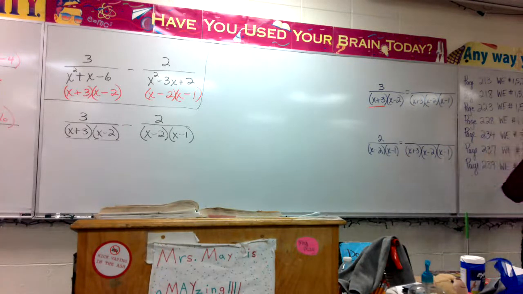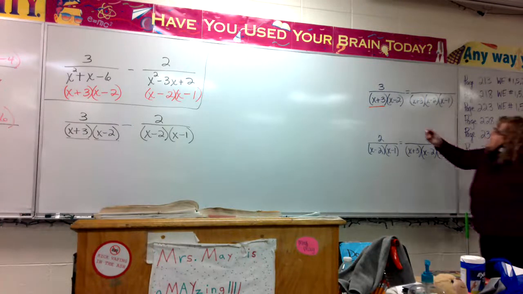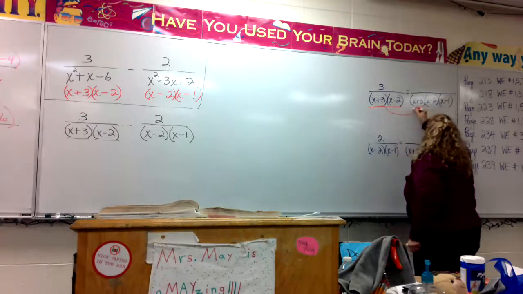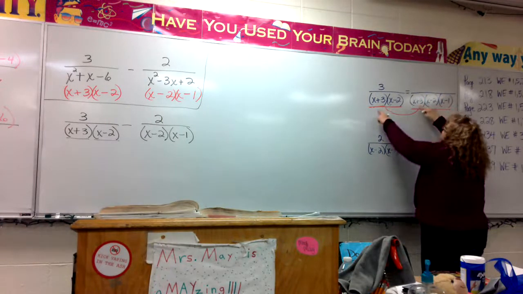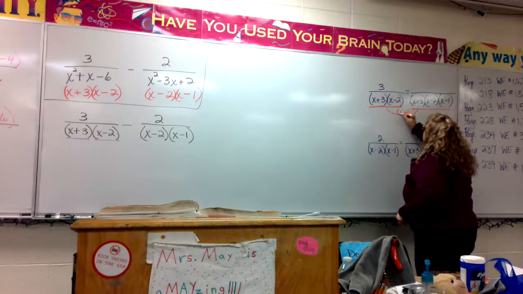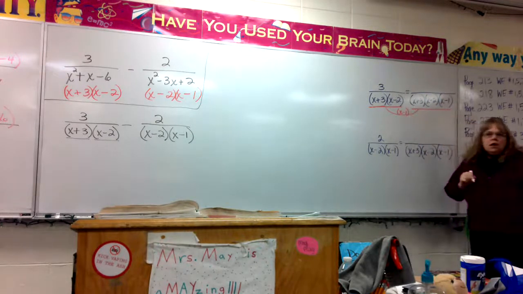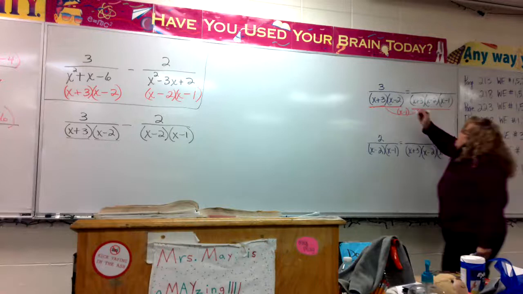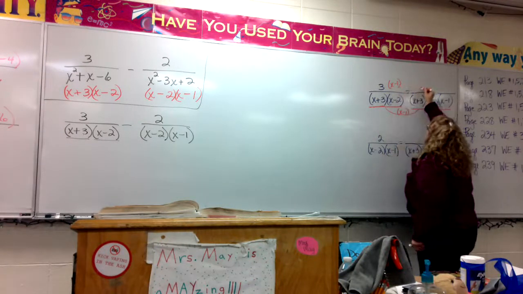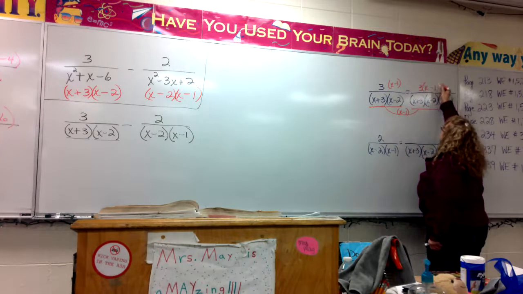Now that we have the common denominator, we have to say, what did I multiply this side by to get this thing? I have this, but I need an x minus 1. Agree? So on top, I'm going to need an x minus 1, and I would like it if you didn't multiply it out.